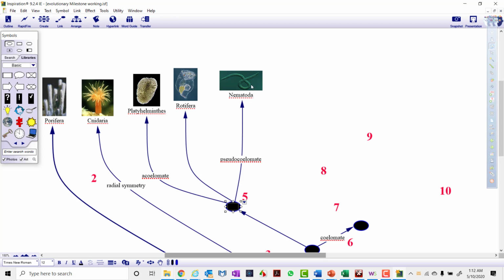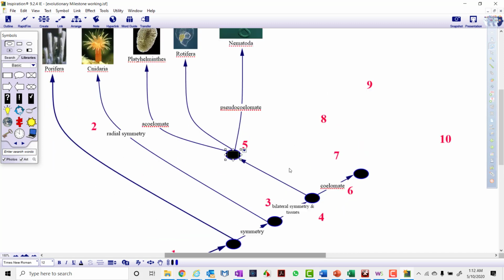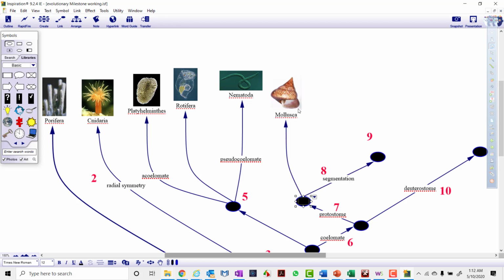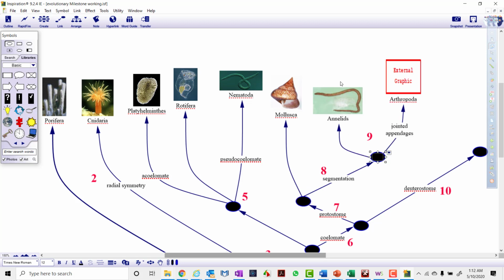The nematodes are roundworms, and they have a fake body cavity, we call it. So they have room for organs. But it's not until you get to the true body cavity when you get to more complex structures. And then as you look at this body cavity, it allows you to have sophisticated organs, a mouth and everything leading to the anus.